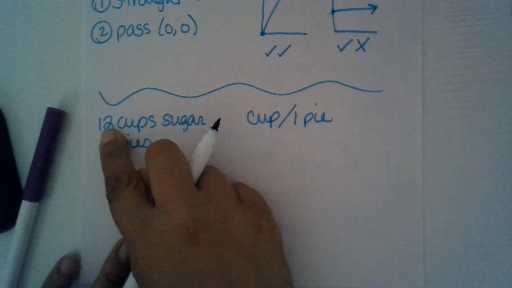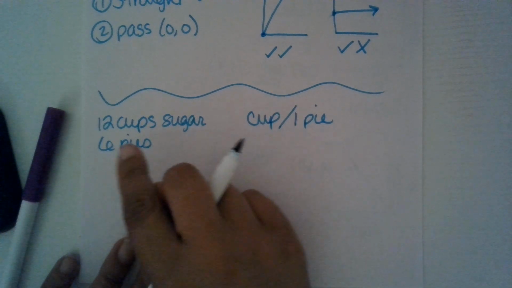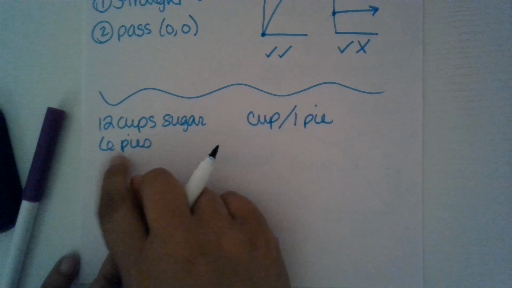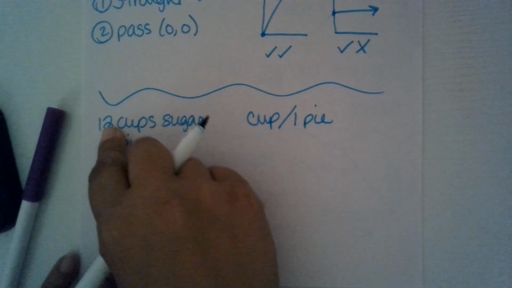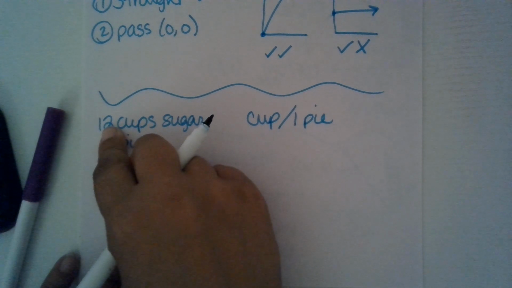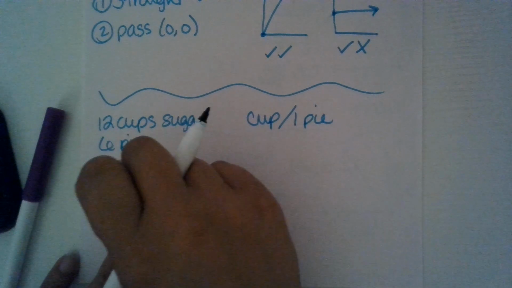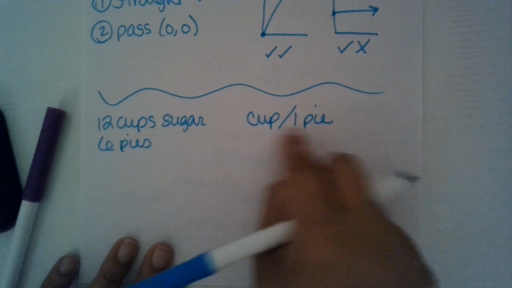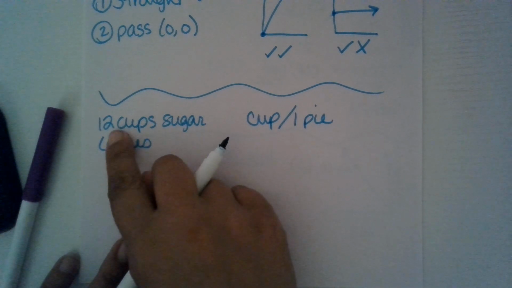Because I only know how many sugar for 6 pies. I don't know how many for 1. Okay, so first off, if I have 6 pies, but I want to find the amount for 1 pie, this number cannot be bigger than 12. Let's just put that on a line. So there's no way you should be multiplying these numbers to get the amount of cups for 1 pie. Okay, I only have it for 6.